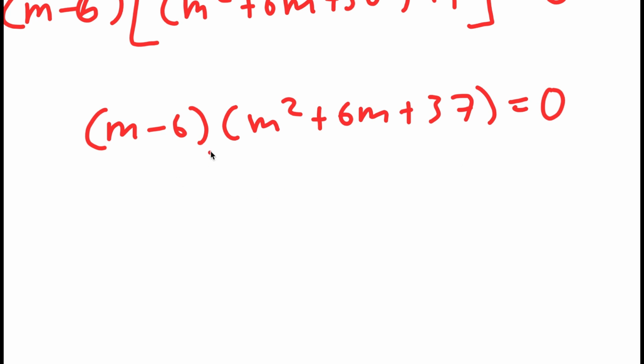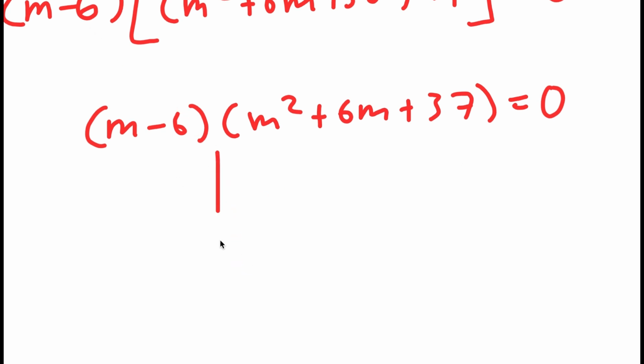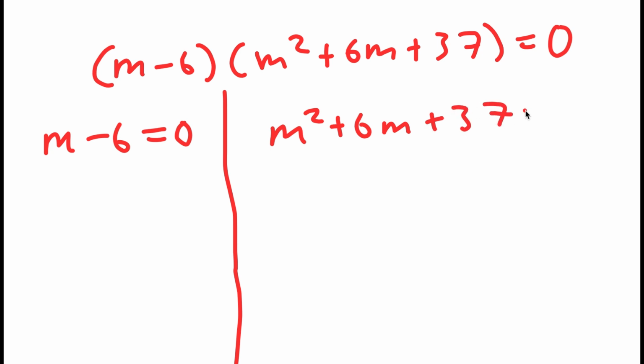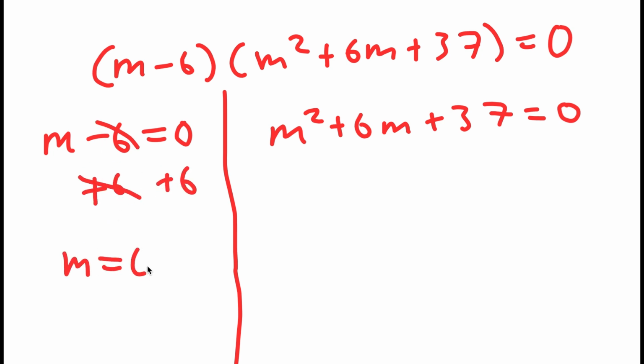So now what we have here are two equations. I have m minus 6 is equal to 0 and m squared plus 6m plus 37 is equal to 0. So for m minus 6 equals 0, all I have to do is add 6 on both sides, and I get m is equal to 6.